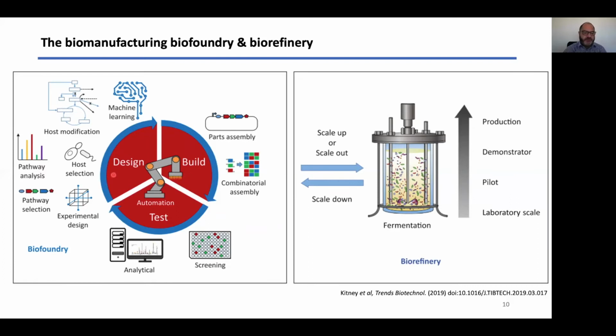We have multiple tasks like experimental design, host selection, host modification, pathway assembly, where all the genes are put together, and a combinatorial library is created. All of this allows us to perform rapid prototyping, which means that in a faster way, through several cycles, we are able to develop strains, be it a bacteria or a yeast, which are going to produce detectable amounts of our target product.